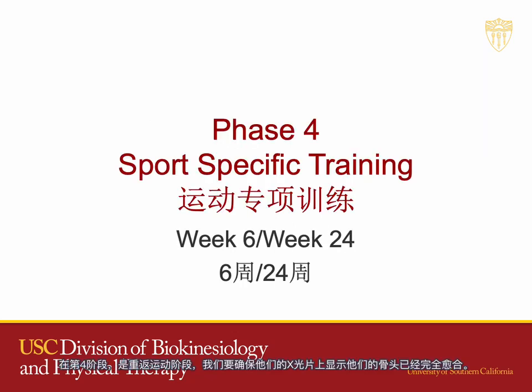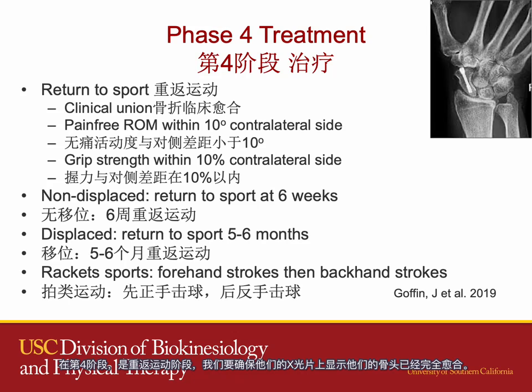So at phase 4, we're getting to that return to sport phase, and we want to make sure that they show on an x-ray that they have a full union of the bone. So clinically, a doctor can look at an x-ray and say, yes, the bone is completely healed and it's lined up and it looks good. They also should have pain-free range of motion within 10 degrees of the other side.